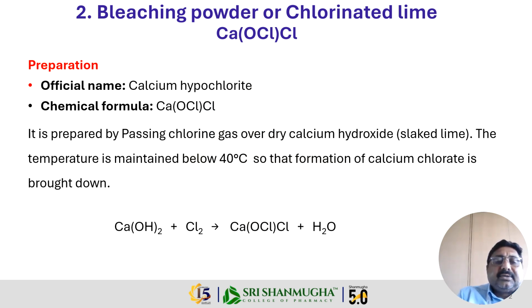So we will get bleaching powder in this low temperature. So only one preparation. Calcium hydroxide, you pass chlorine gas, you will get bleaching powder or chlorinated lime.